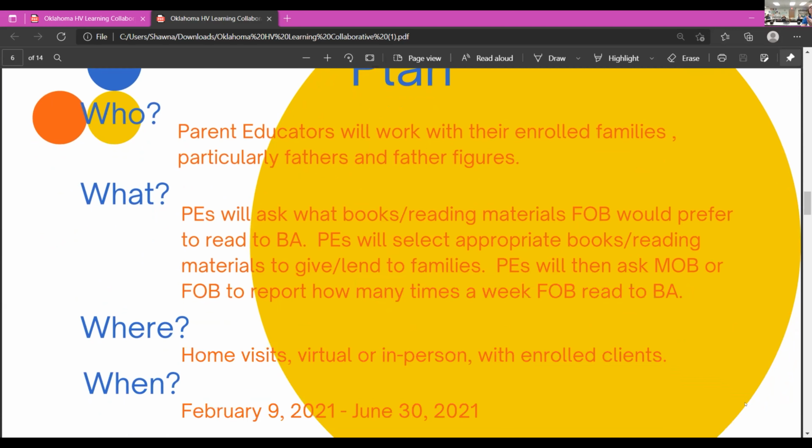Our who is that our parent educators will work with enrolled families, particularly families with fathers and father figures involved. Our what is that the parent educators will ask what types of reading materials dad would prefer, and then select appropriate books and materials to give or lend to the families depending on availability.